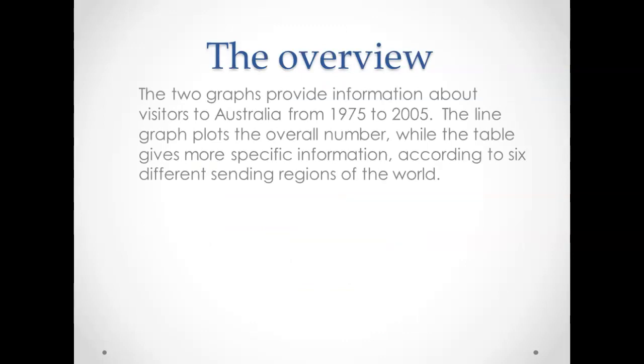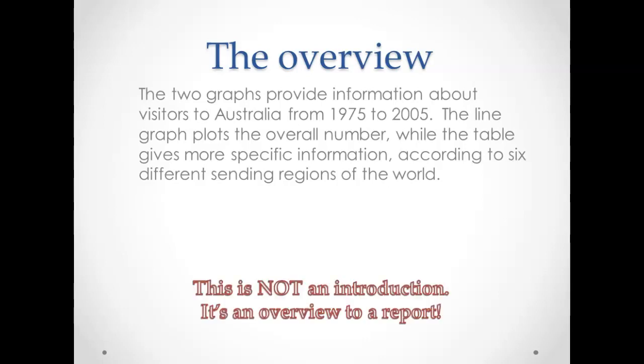The two graphs provide information about visitors to Australia from 1975 to 2005. The line graph plots the overall number, while the table gives more specific information according to 6 different sending regions of the world. Remember, you do not write an introduction to an essay in Task 1 because Task 1 is a report.